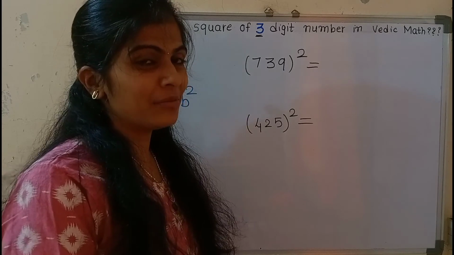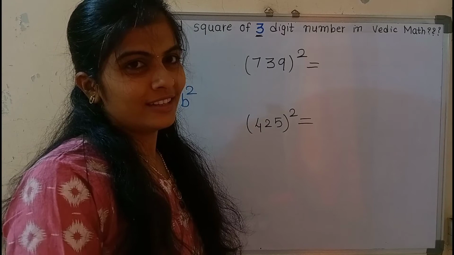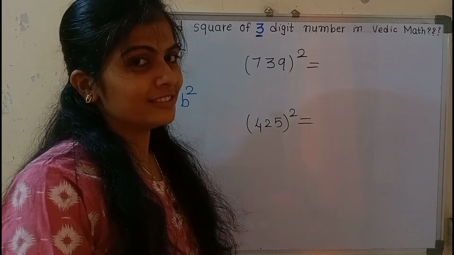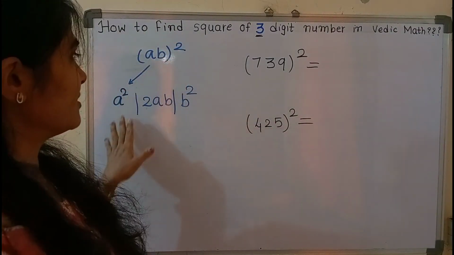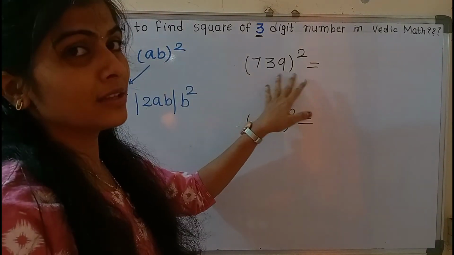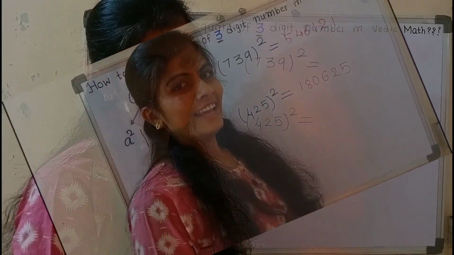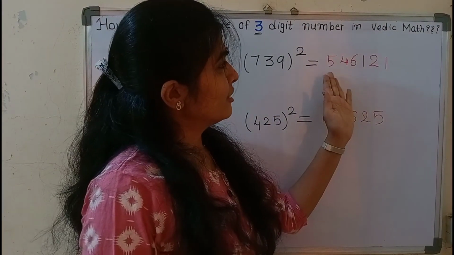You can take your time, and please, friends, don't cheat with yourself, okay? And be confident. Keep this thing in mind. It is A square, 2 times AB and B square, but 39 will be your B and 25 will be your B.